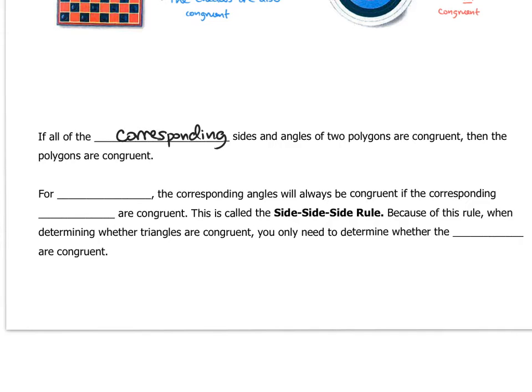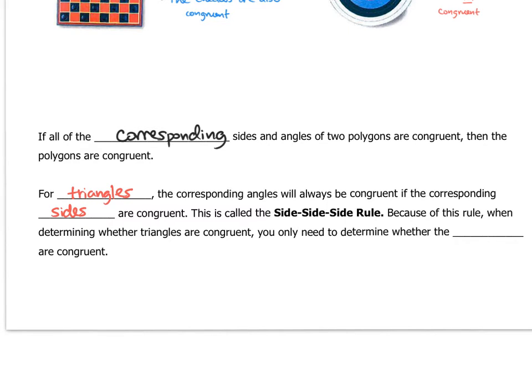We'll get to what this word corresponding means, but I want to start by looking at triangles. For triangles in particular, the corresponding angles will always be congruent if the corresponding sides are congruent.